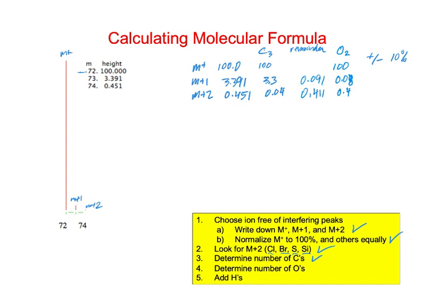Okay, so then we've used up almost everything, and what we always have to be mindful of is that we have to add these up, right? So C3, O2, that would be 36 for C3, and 32, that means we've got 68. We're looking for 72. So this has to be C3, H4, O2.